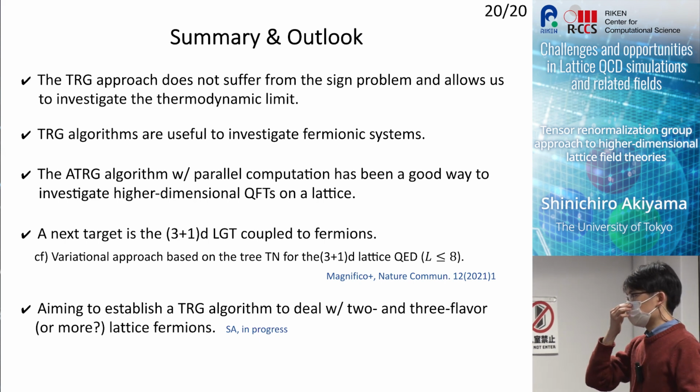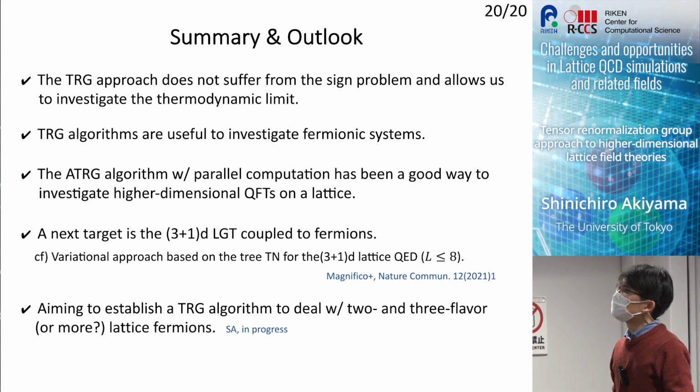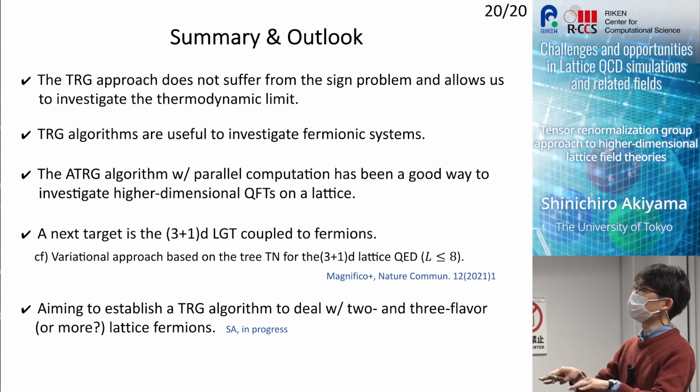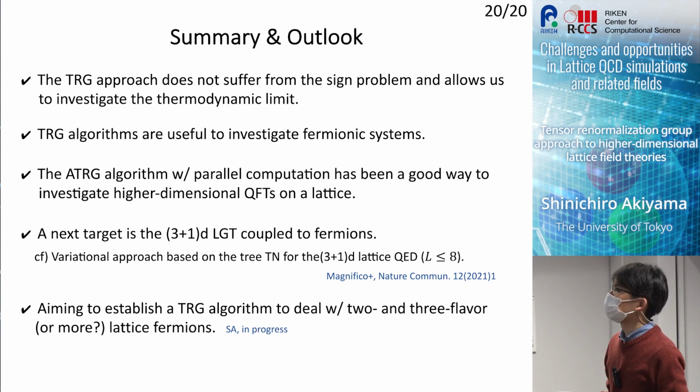And currently the variational approach based on the tree tensor network, which is another tensor network calculation based on the Hamiltonian formalism, has been used by this group to calculate the 3+1 dimensional lattice QED.